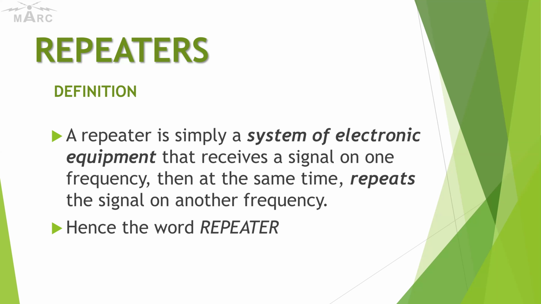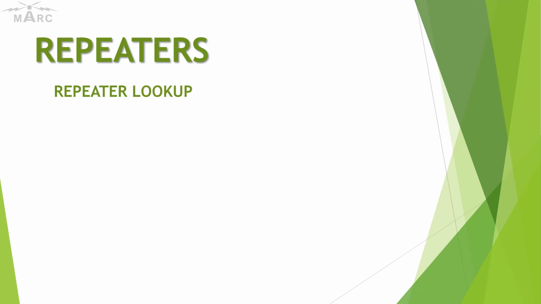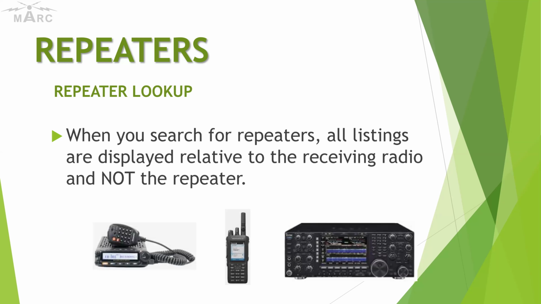As a matter of fact, we have a lot of repeaters here in the Valley. There's a lot of repeaters out in the U.S. in general, so you can go ahead and do a repeater lookup. And we're going to see some clues in the repeater documentation that's out there on the web. In particular, when we do a search for the repeaters, all the listings are displayed relative to the receiving radio, okay?